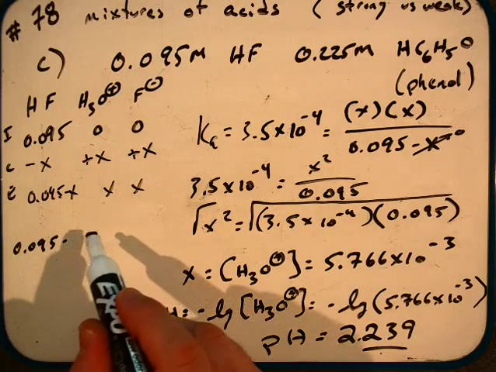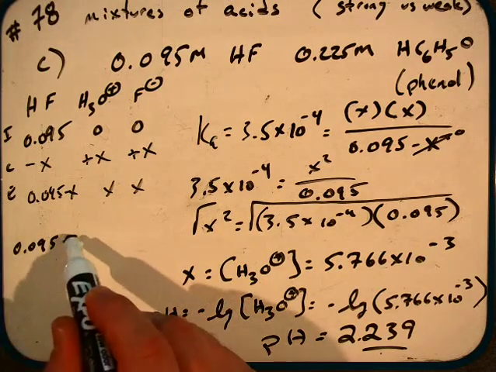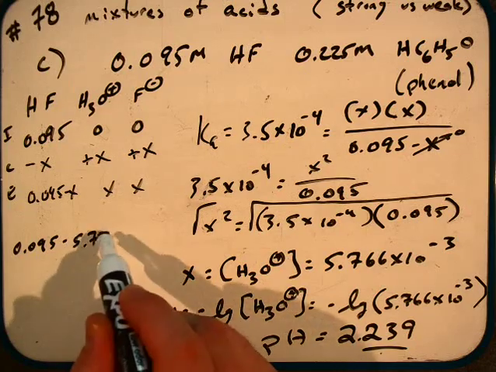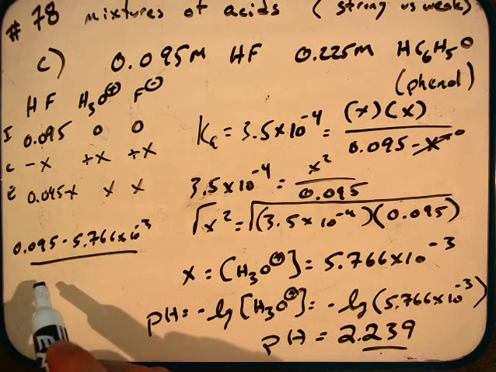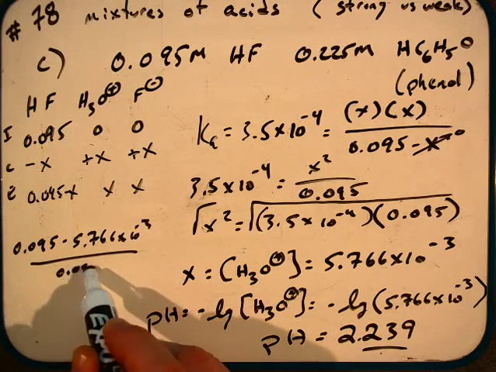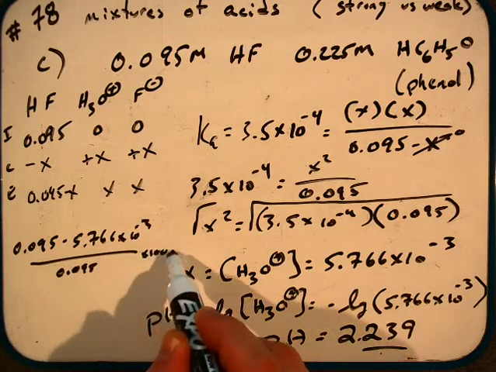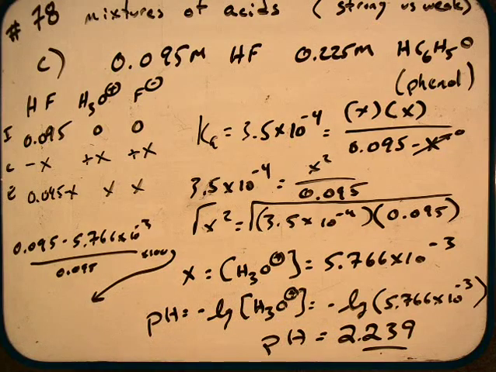So our 0.095 minus our change, and when we do that and turn it into a percent, we actually get 94%. This is close, not quite 95%, but I think we're close enough for this one. That's going to be pretty close to the pH.